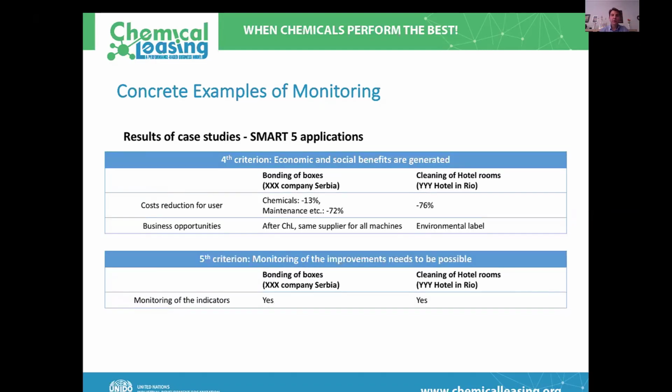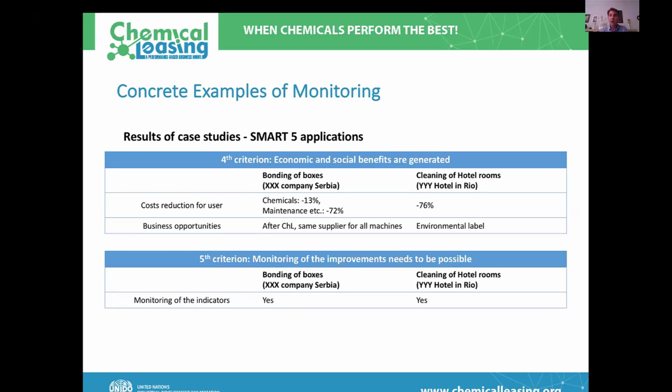Then the fourth and fifth criteria are economic and social benefits. Here we didn't put absolute numbers, but you can see the costs. It's very important for partners. We are speaking about a business model.